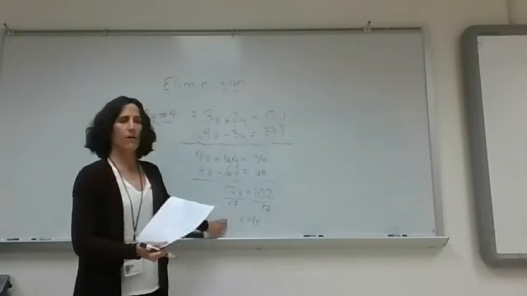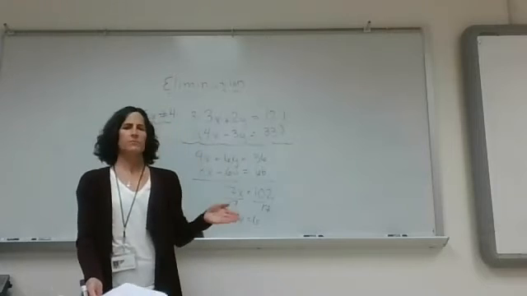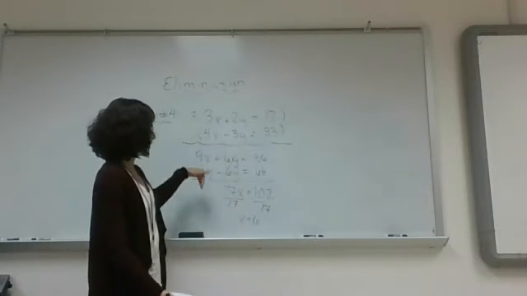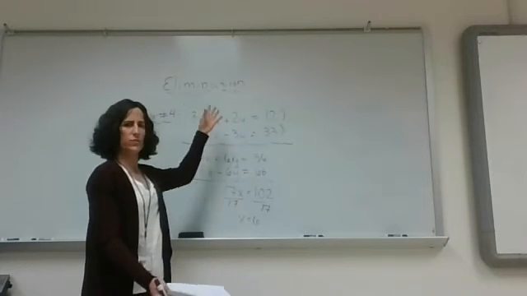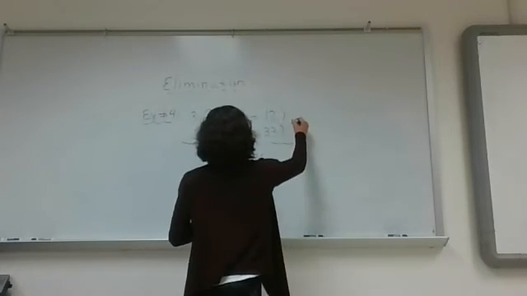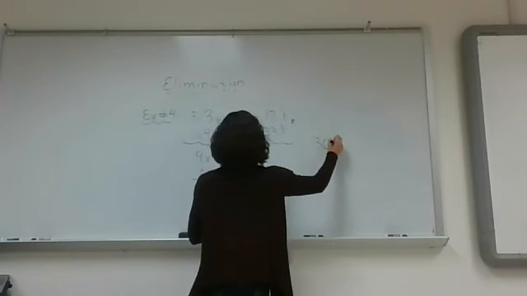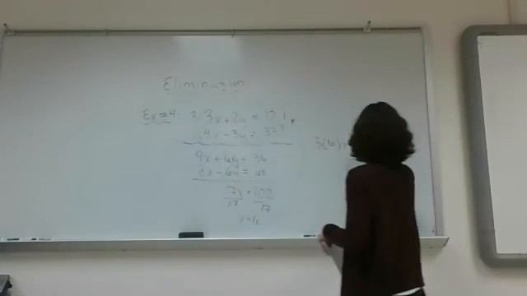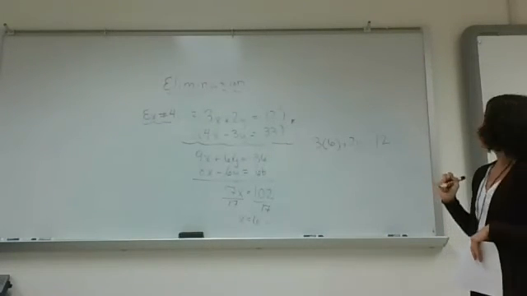Now that I have solved for x, to find out what y is, we do just what we did with substitution: pick one of the equations and plug 6 in for x. I'm going to choose the first one to get my y value. So I have 3 times 6 plus 2y equals 12, and I'm going to solve for y.